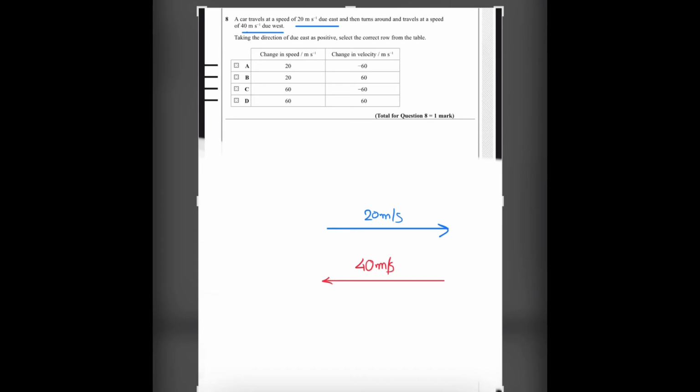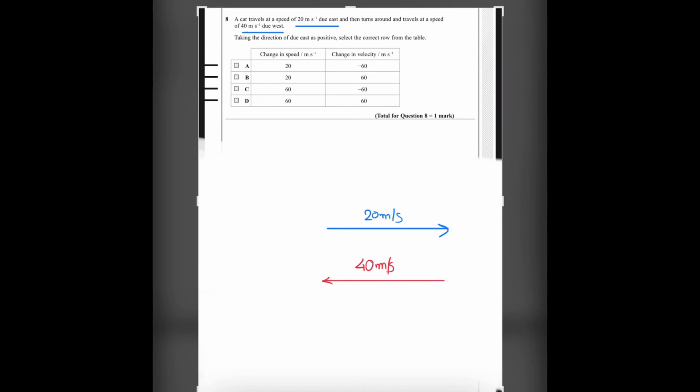So let us discuss what speed is and what velocity is. Speed is a scalar quantity which only has magnitude, and velocity is a vector quantity which has both magnitude and direction. So in a vector quantity like velocity, when the direction is different, the sign would be opposite. When an object is traveling upwards at 20 meters per second, its value would be 20 meters per second.